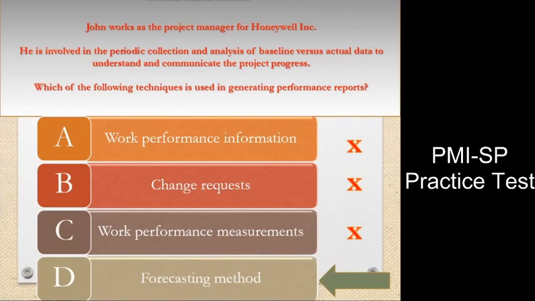Answered option C is incorrect. Work performance measurements are created from the work performance information. WPMs are an output of control schedule, control cost, and control scope processes, which are monitoring and controlling processes. WPMs consist of planned versus actual performance indicators with respect to scope, schedule, and cost.